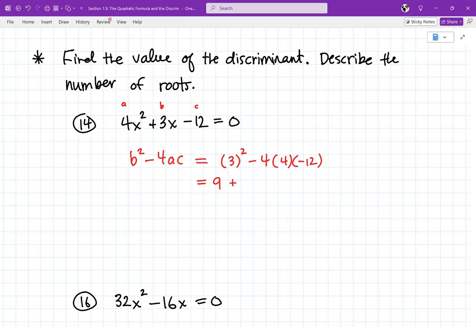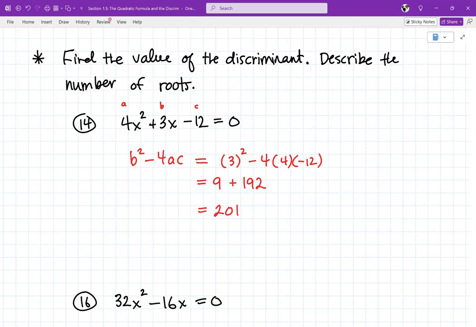I can do it, but maybe somebody has a calculator out there already. Yeah, let's see. What did I say? 16 times 12, right? 192. And notice it's positive because it's a negative 4 times 4 times a negative 12. So it becomes positive. 9 plus 192, that's 201.